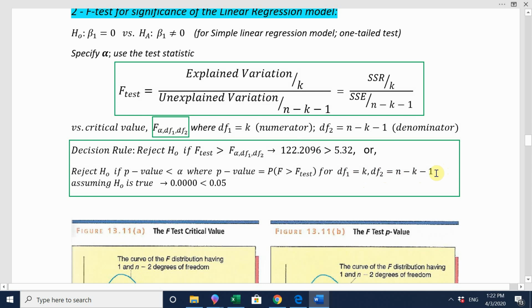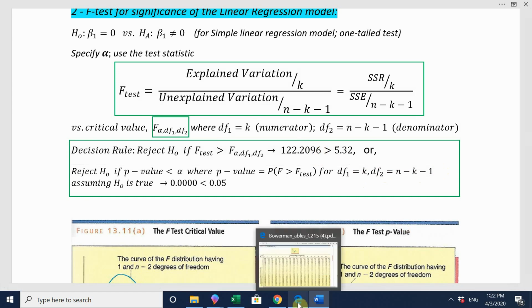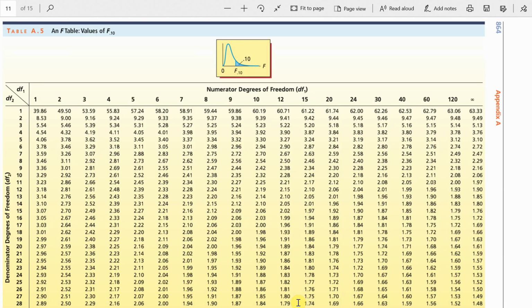So in fact, let's just do a quick exercise over here. My test value of 122.2096. Well, if I were to find the corresponding p-value in the table, let's just go over here. So first of all, I'm going to look first in the table for alpha equal to 0.1.